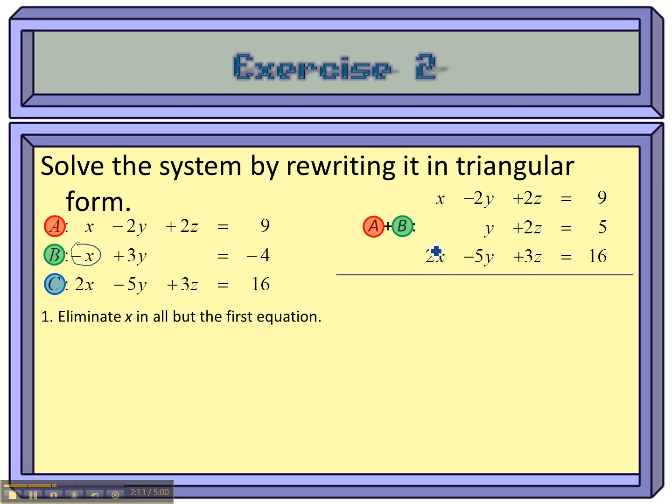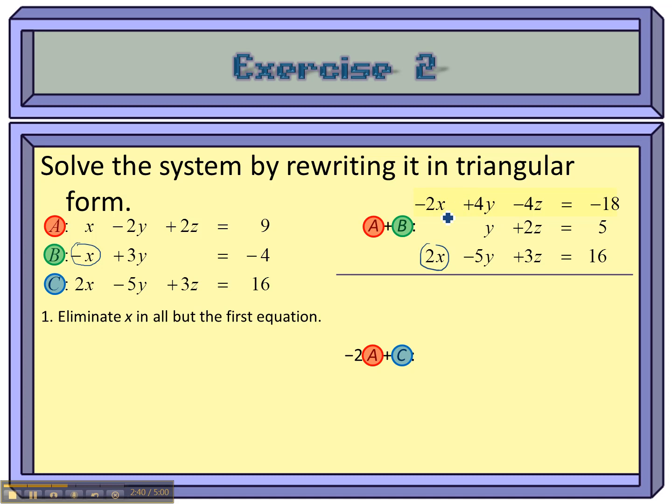The next thing is I have to get rid of this 2x. So I can't combine it with the middle one because it doesn't have any x's. So I'm going to combine it with the top equation, and it needs to have the opposite coefficient, so it's got to be a negative 2A plus C. So my tip here is that I would actually take this original equation and just multiply everything by negative 2, so it's easy for me to line up and add my equations.